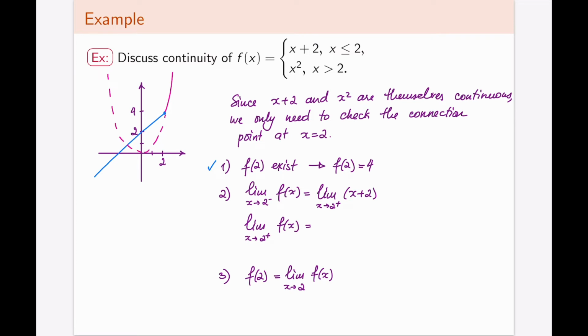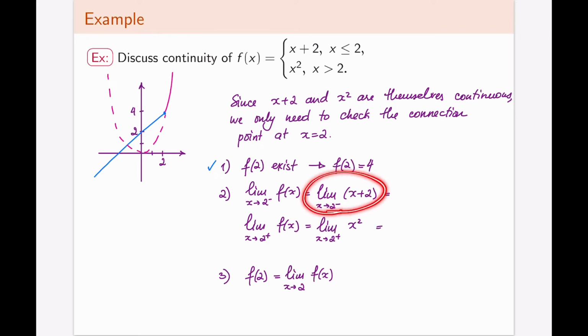As opposed to when x approaches 2 from the right, I will be moving along the parabola piece because that's when x is greater than 2. So in the second case, I will be calculating the limit, apologies, this should be from the right, of the x squared. Now I can calculate each of these limits separately.